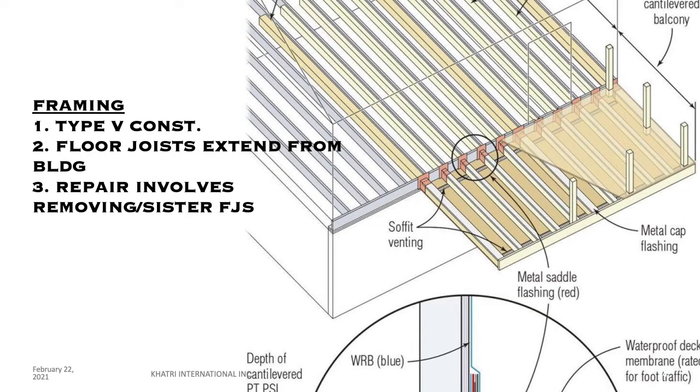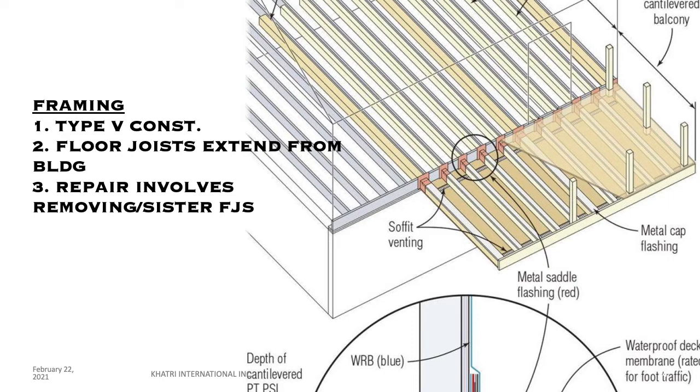So I'm going to go into detail on this. I have a little short clip which will explain this, but this is your typical Type 5 framing where the balcony joists extend into the floor system and are actually sistered to the existing joists. And if we have dry rot or damage out here, this gets to be a very difficult repair, because you may have to actually take this joist out all the way inside the flooring, which affects the unit owner's space.